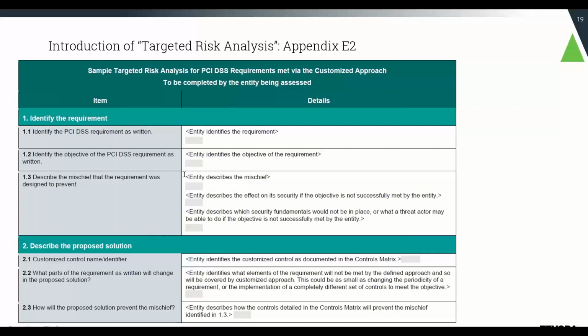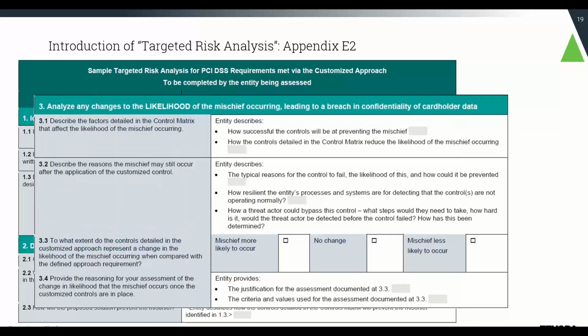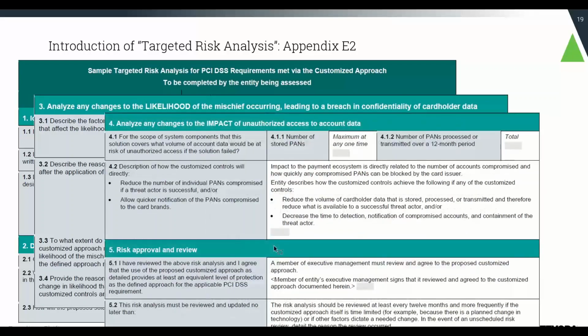So at a high-level overview, you'd identify the requirement and document that, describe and document the proposed solution, go through the analysis phase of analyzing the likelihood of this particular circumstance leading to a breach of cardholder data, analyzing the impact and documenting that as well, and documenting the risk and approval process and that annual review, including the next time this risk should be reviewed.